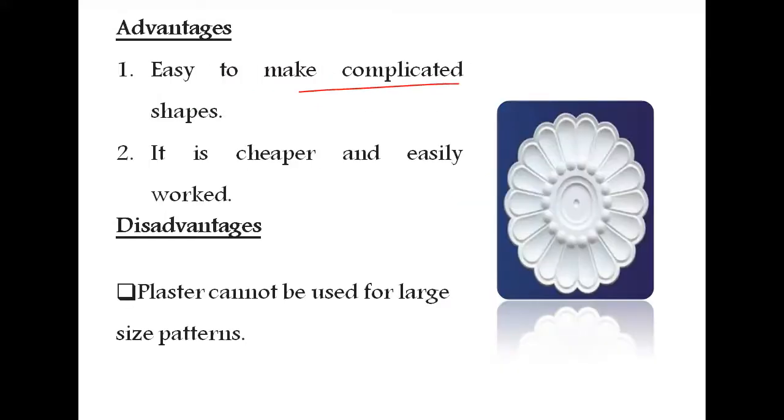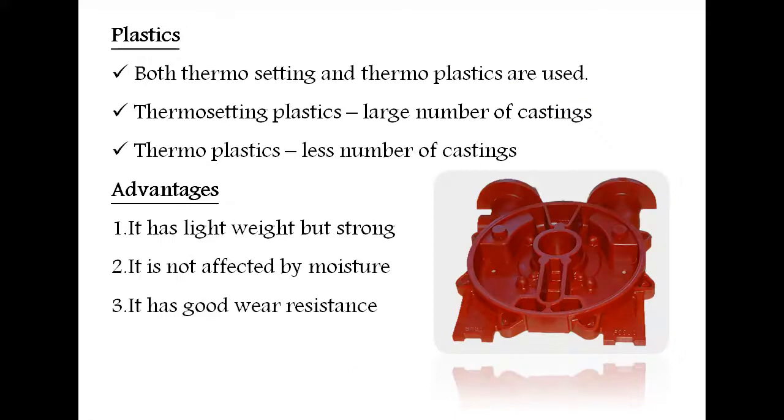Plaster is easy for making complicated shapes, cheaper and easy to work. The drawback is that it is not possible for large size patterns, only for small sizes and complicated shapes.